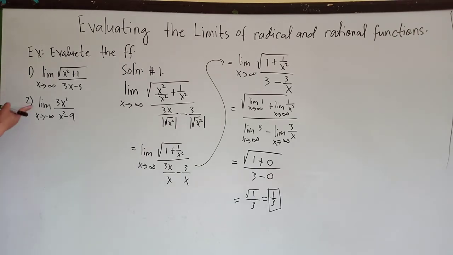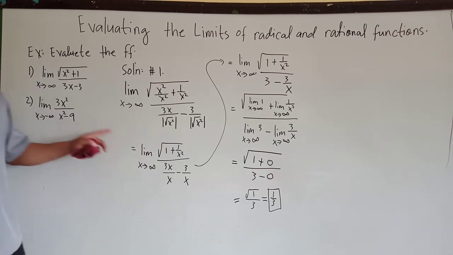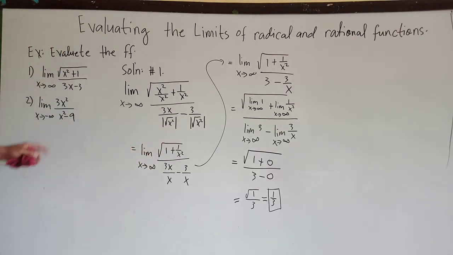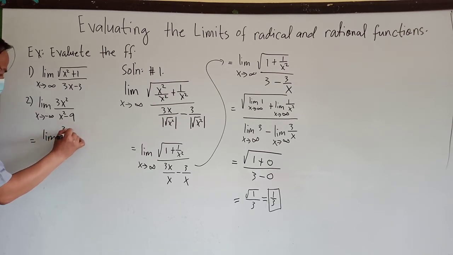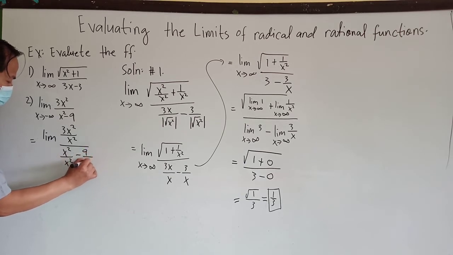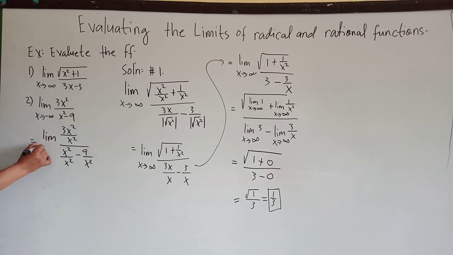Number 2: limit of 3x squared over x squared minus 9 as x approaches negative infinity. Again, the same pattern: we divide each term by the highest exponent, which is x squared. So this is equivalent to limit of 3x squared over x squared, over x squared over x squared minus 9 over x squared, as x approaches negative infinity.